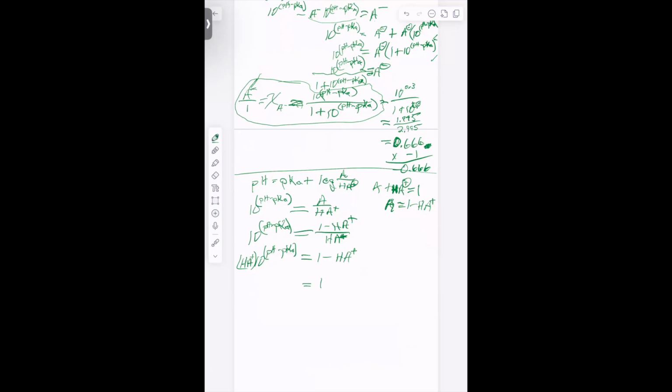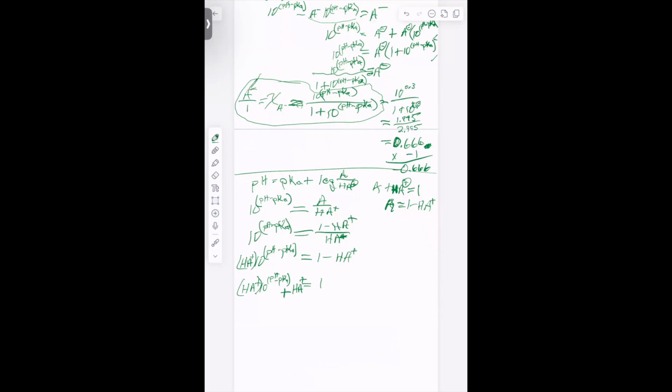So I got 1, and then I'm going to add HA plus to both sides. HA plus times 10 to the pH minus pKa plus HA plus. So I got that now.